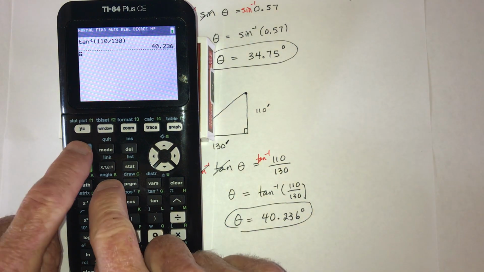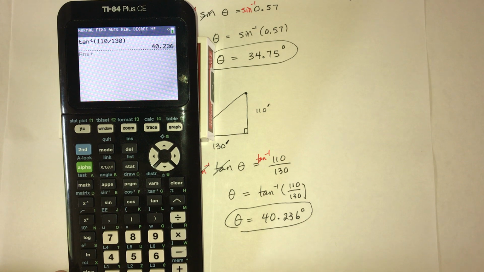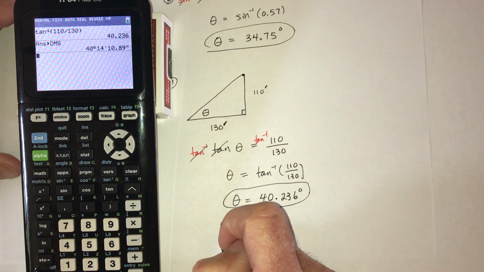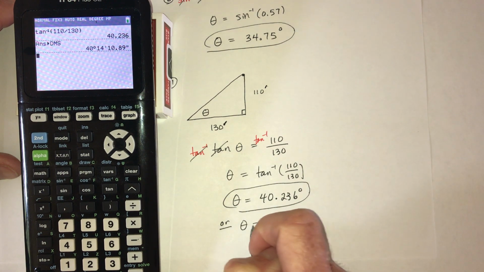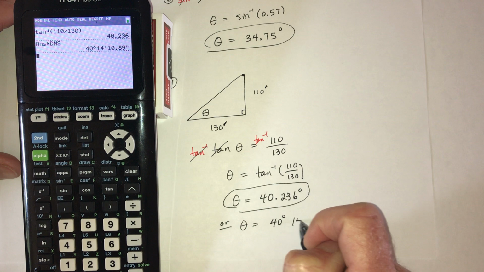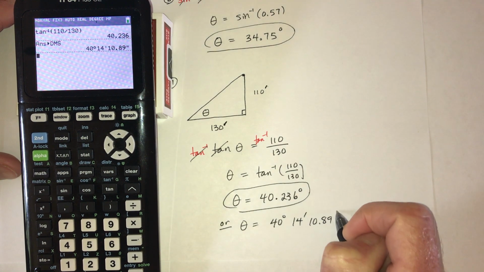And then if you needed to, you could go to second angle, change it to degrees, minutes, and seconds. Or you could be all fancy and write, that's 40 degrees, 14 minutes, and 10.89 seconds.